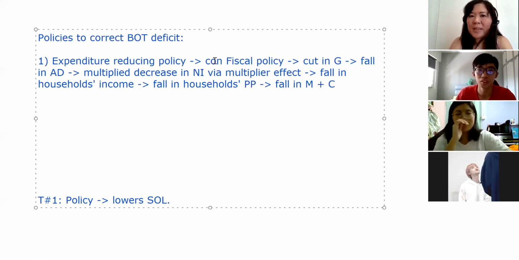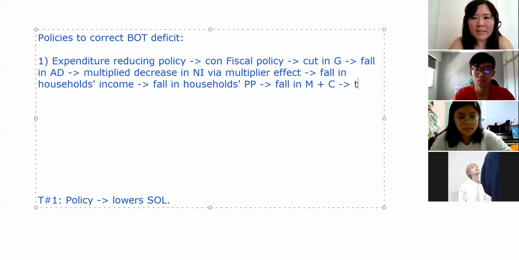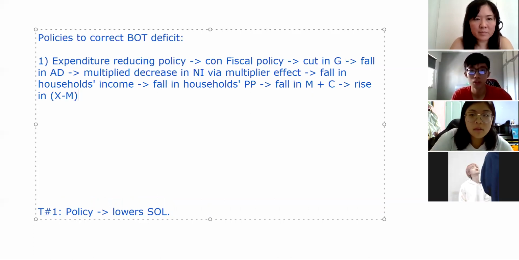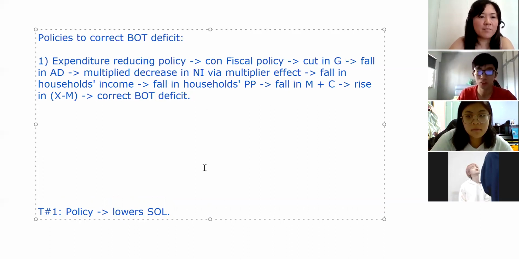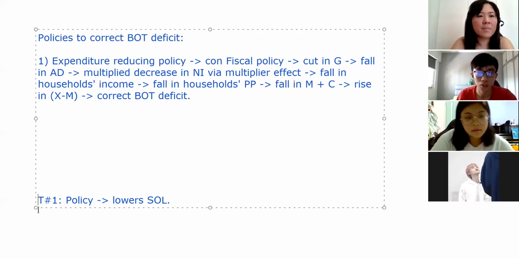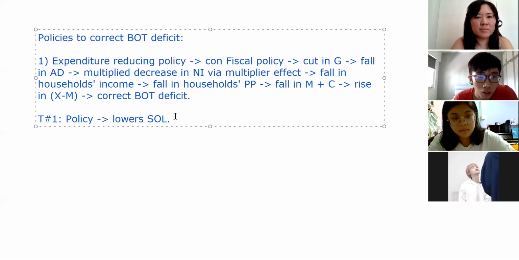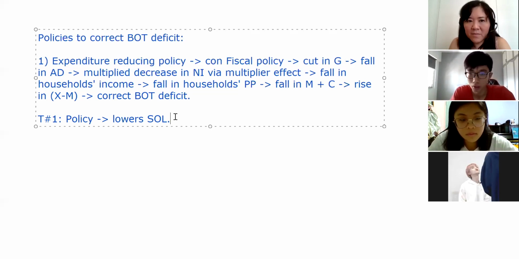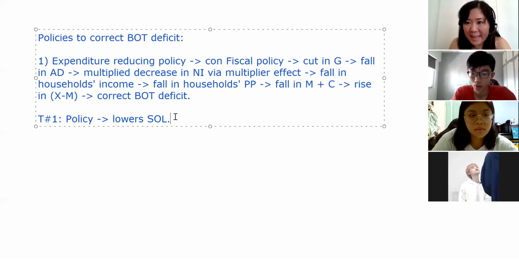But more importantly, we mention the M because we want to link it to how the fall in M will possibly lead to the rise in X minus M. Therefore, it can correct the BOT deficit. Correct? Make sense?